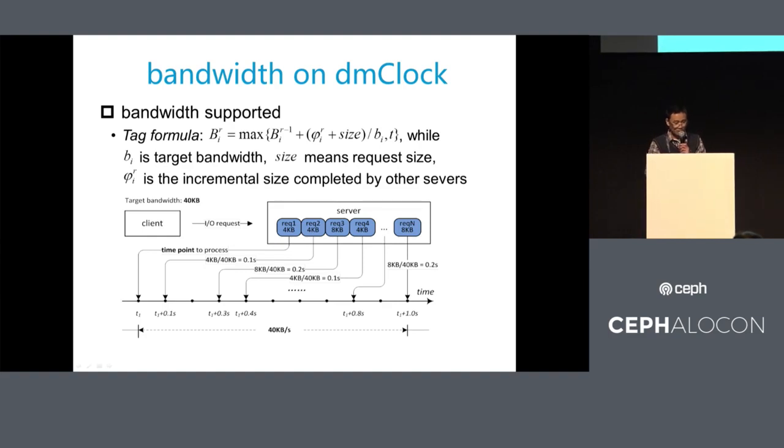The letter B is the target bandwidth of a client. The word size means the size of the current request. And phi is the incremental size completed by other services.